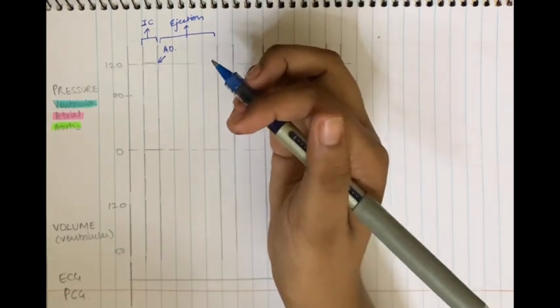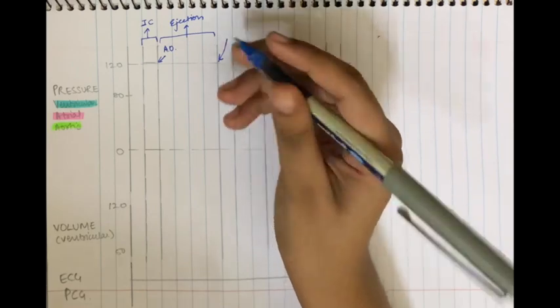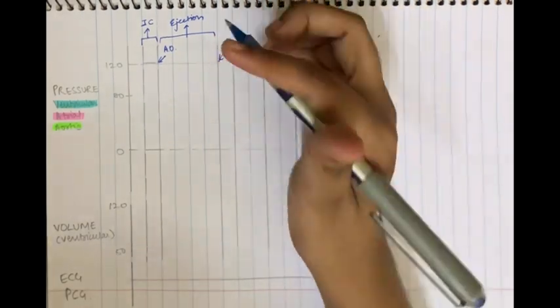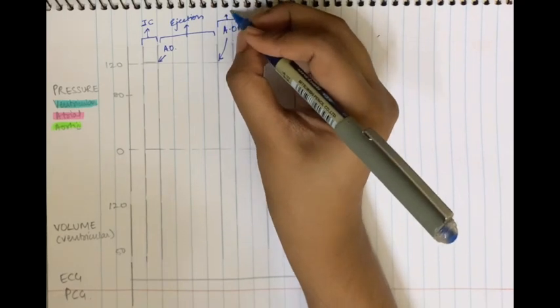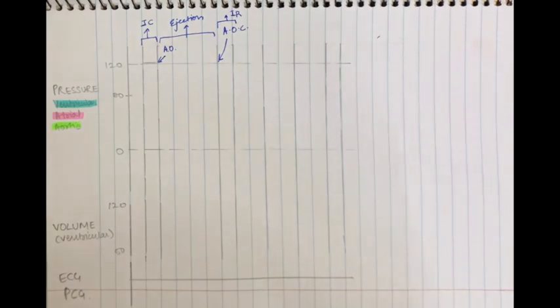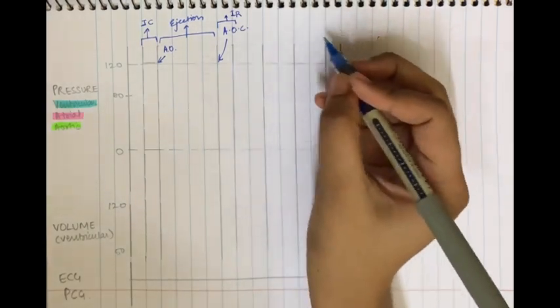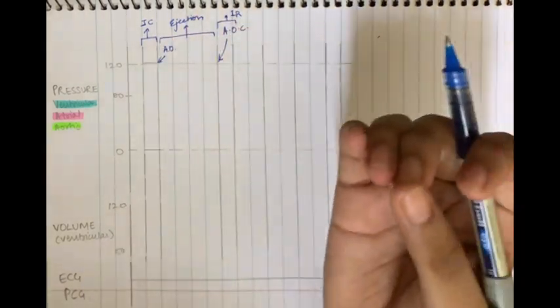And after that, the aortic valve is pushed close by the blood that is flowing back from the aorta. And this period is also the period of isovolumetric relaxation. Finally, we have this entire phase, which is for the filling of the ventricle.